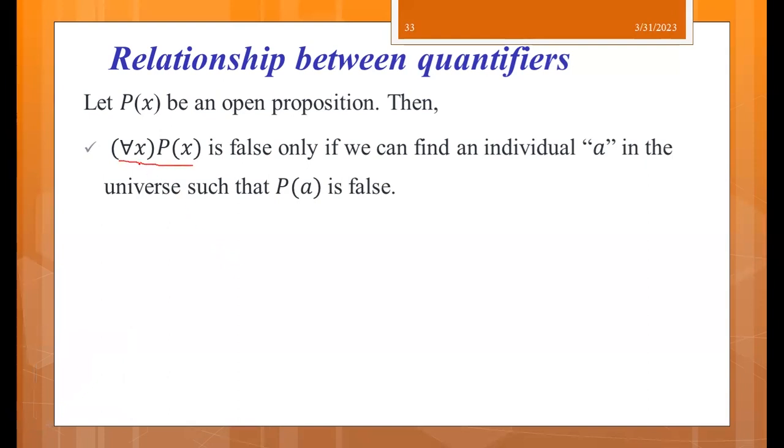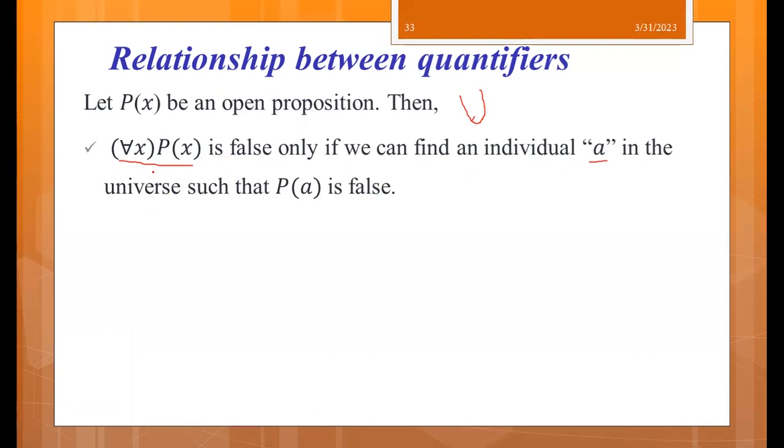for every x, or simply for all x, p of x to be false, only if we can find an individual a in the universal set U such that p of a is false.